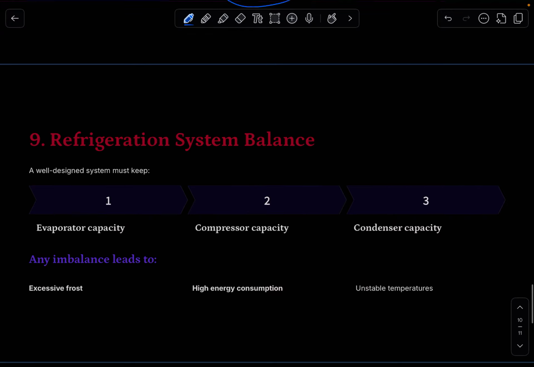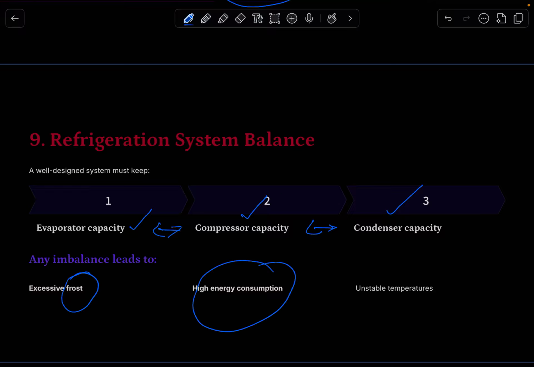To summarize, when we are talking about refrigeration system design, which will be an important topic and the core topic of our discussion in the course, a well designed refrigeration system would have an appropriate refrigeration capacity, evaporator capacity, the compressor would be correctly sized, the condenser would be correctly sized, correct capacity, and then we need to make sure that all these are correctly balanced, properly integrated so that there is no excessive frost happening, the consumption is not shooting up, and the temperatures are not unstable.